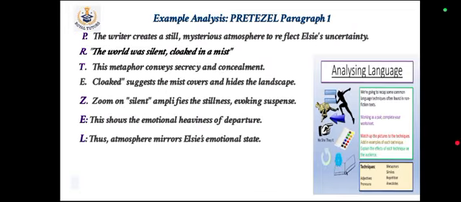Now for the lines 1 to 6 that we read, the paragraph 1 goes like this. The writer creates a still, mysterious atmosphere to reflect Elsie's uncertainty. The reference: "The world was silent, cloaked in a mist." Then the technique: the metaphor conveys secrecy and concealment.